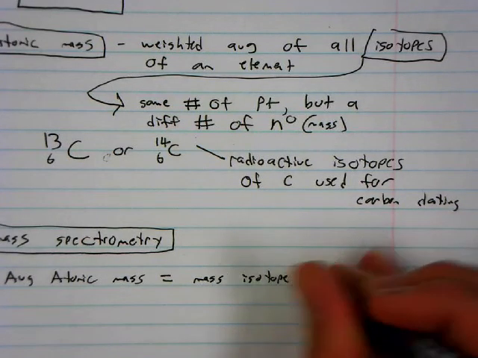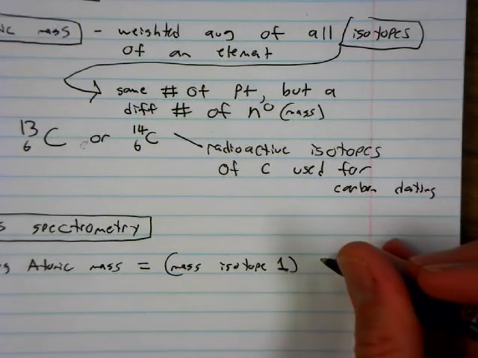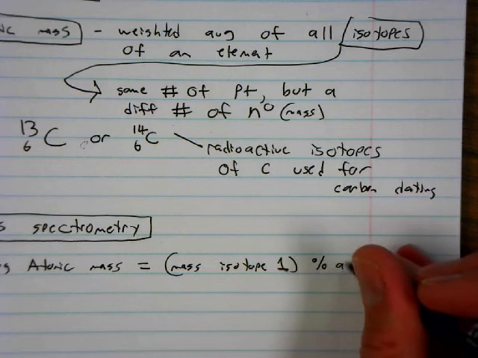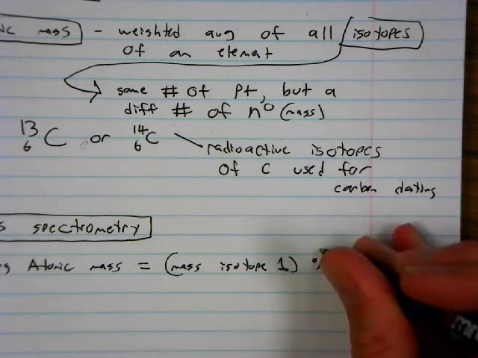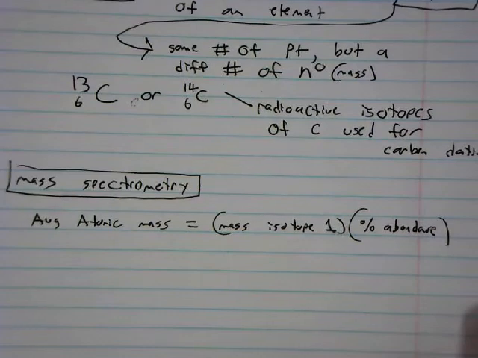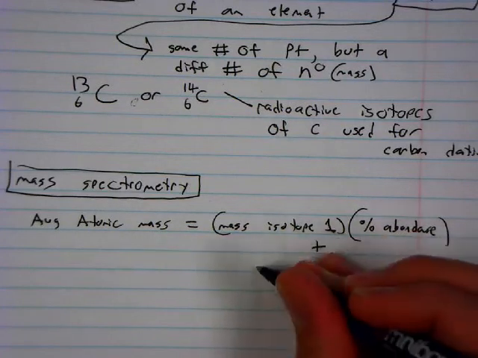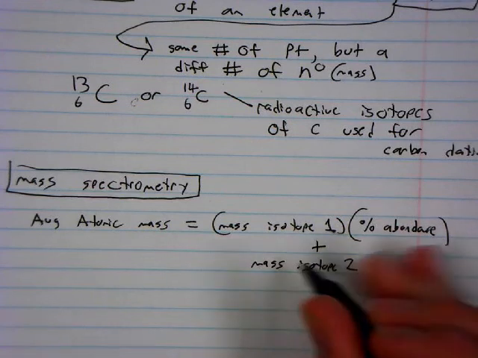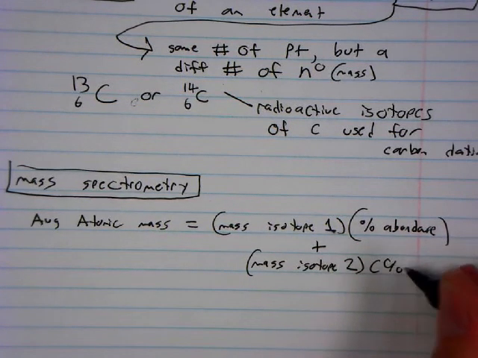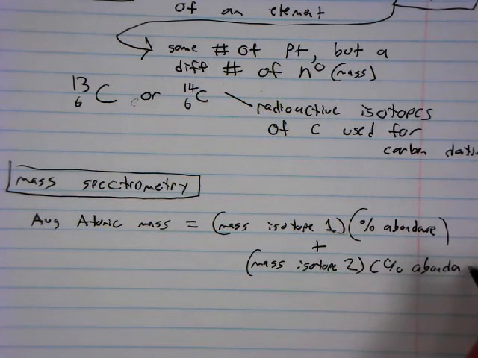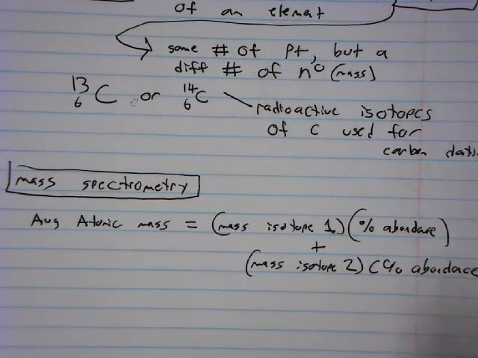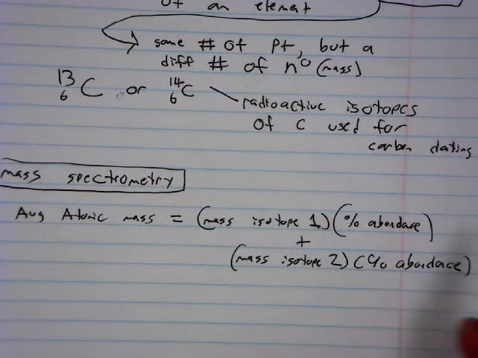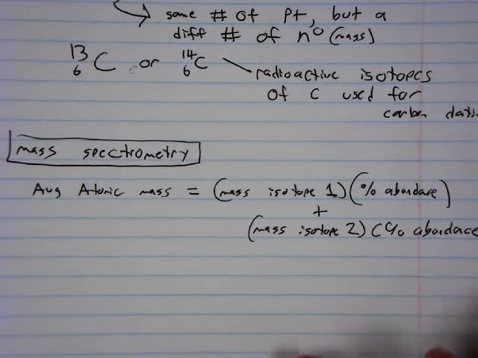The average atomic mass is equal to the mass of isotope 1 times its percent abundance in nature, plus the mass of isotope 2 times its percent abundance, and so on and so forth.